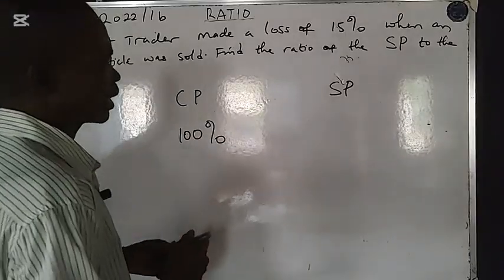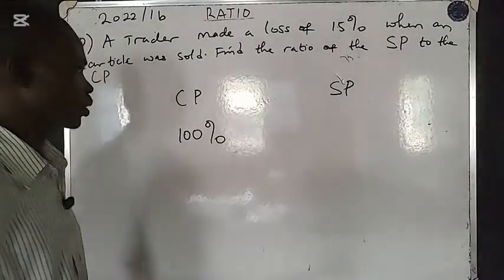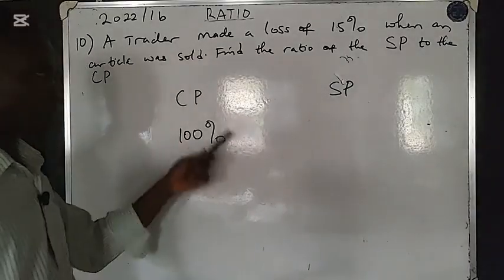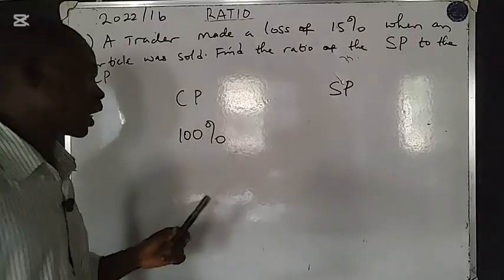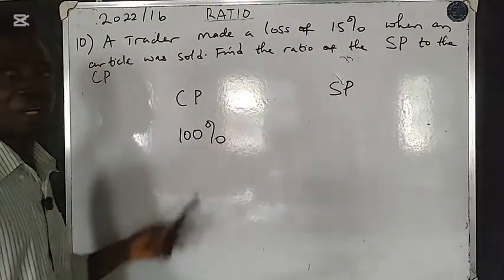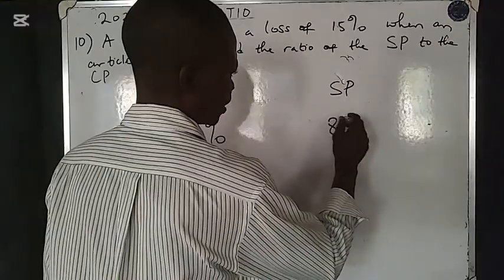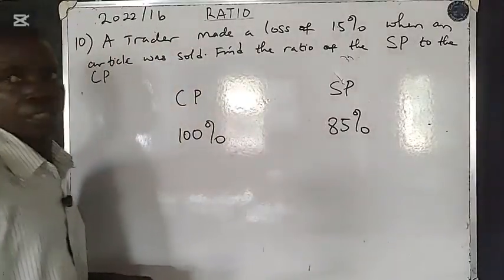But when this guy is selling, he sold at a loss of how many percent? 15%. So when you sell at a loss, your selling price will not be up to your cost price. If you remove 15 out of 100, what do you have? You have 85%. So he sold it at 85% because he sold at a loss of 15%.